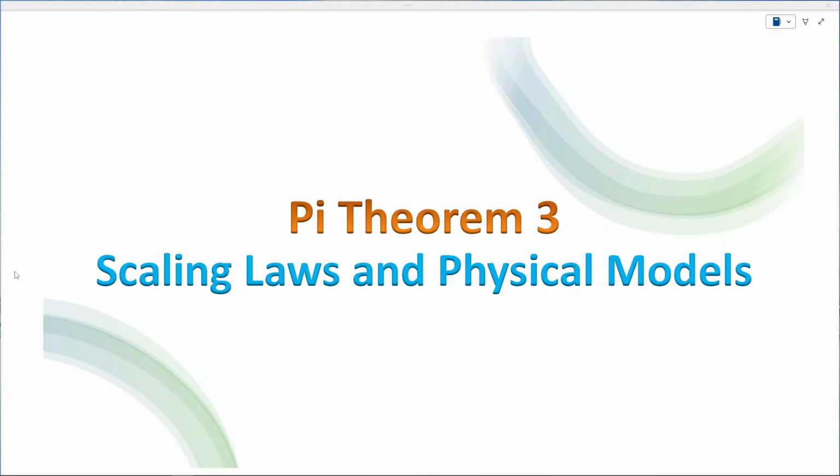results? We need these pi terms for another additional application, which is to scale from our physical model to our prototype. That's like a third application, besides designing the experiment and reporting the experiment results. But equally important is to scale back and forth, from the model to the prototype and from the prototype to the model.